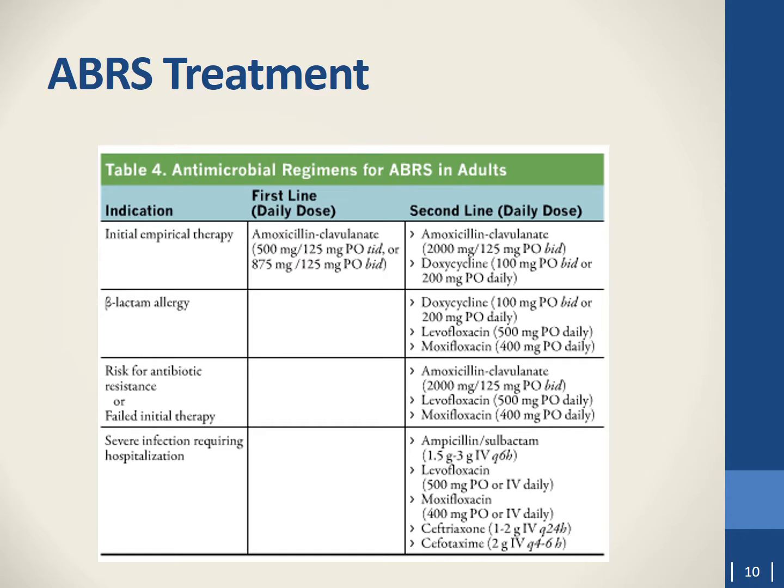If patients do meet those risk factors for antibiotic resistance, or we're dealing with someone who's failed the initial therapy recommendation, that's where again you might see either higher dose amoxicillin clavulanate, or again shifting to a quinolone that covers Strep pneumoniae.